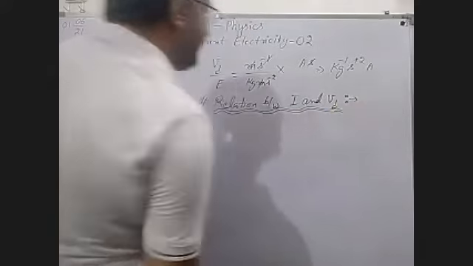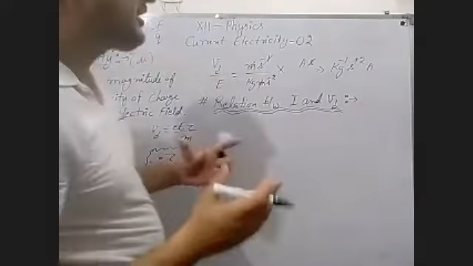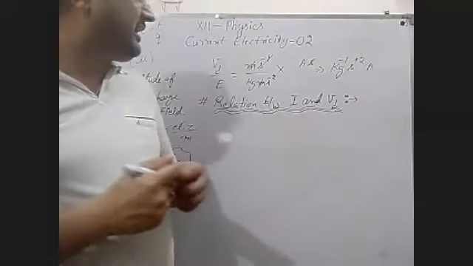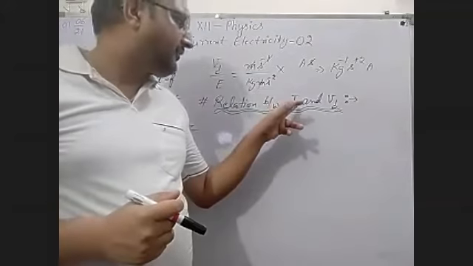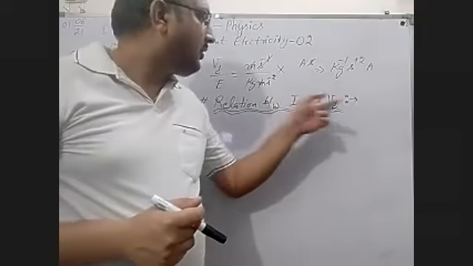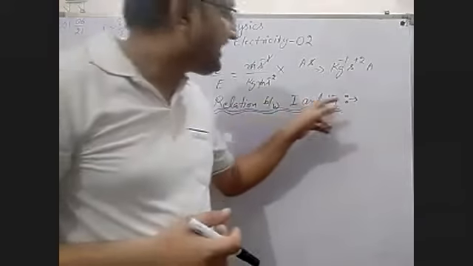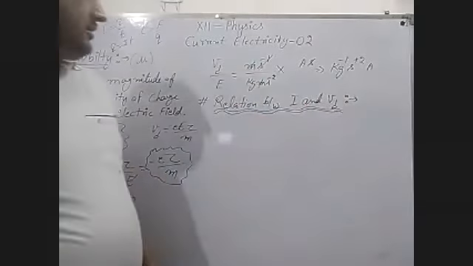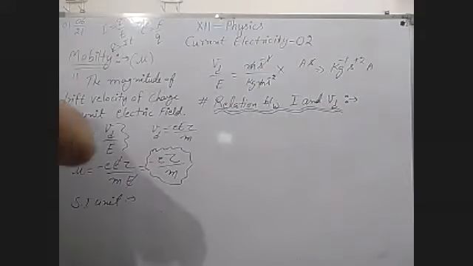It means you have to derive a formula. In that formula there should be I and Vd. You have to derive this formula, the relation between current and drift velocity.